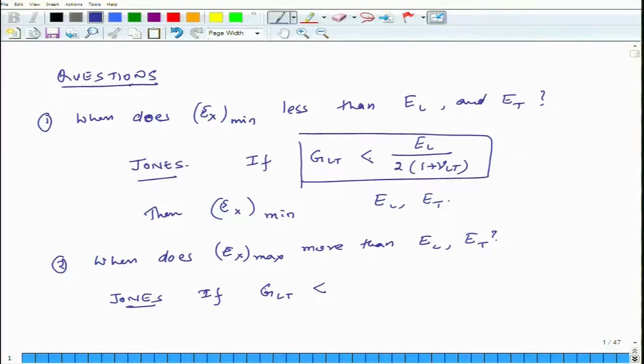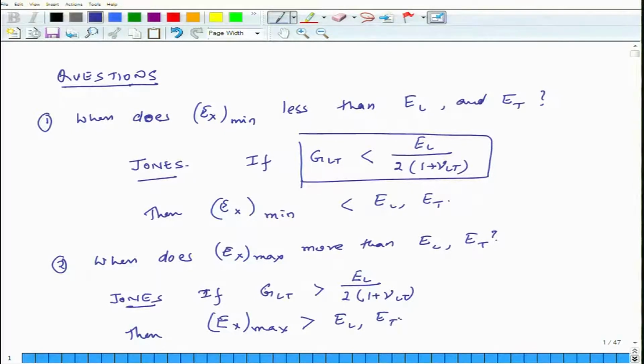If GLT is less than this, then this is less than this, and if GLT is more than EL divided by 2 times (1 plus nu LT), then Ex max exceeds EL and ET.